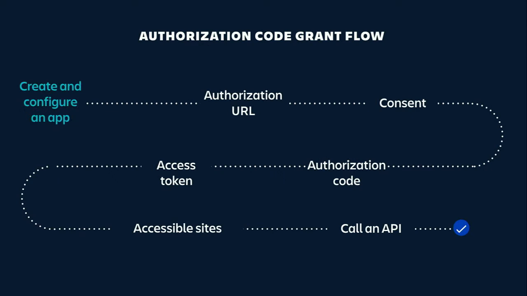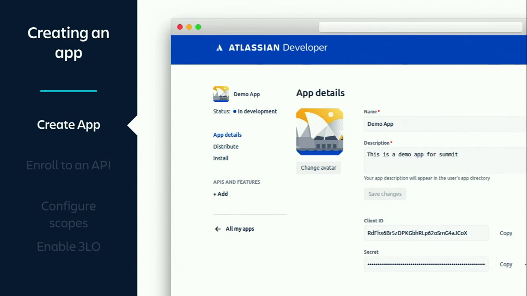Okay, so let's start with creating an app. So that's in developer.atlassian.com. So the app has a couple of really basic things. It has a name, of course. It has a description. It has an avatar, which is displayed in a bunch of different places. We'll see later. And then it has two really important things, which are the client ID and then a secret.